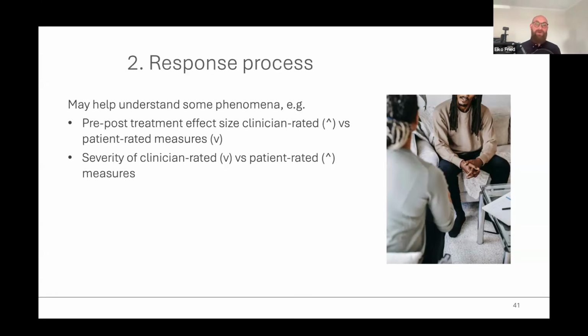Again, these effects are not very strong, but they're certainly replicable. And I think they're interesting and related to response processes. I have friends working in the VA in the US with veterans, and we see that some of these scores are very high on trauma.